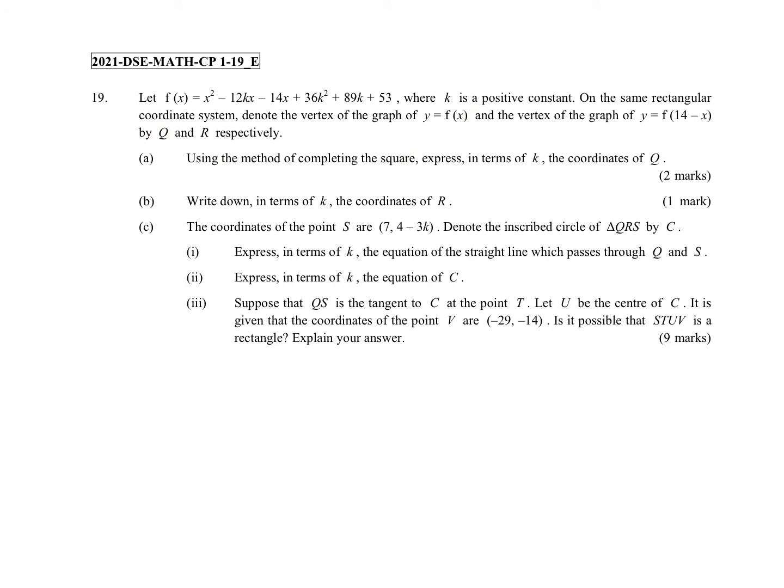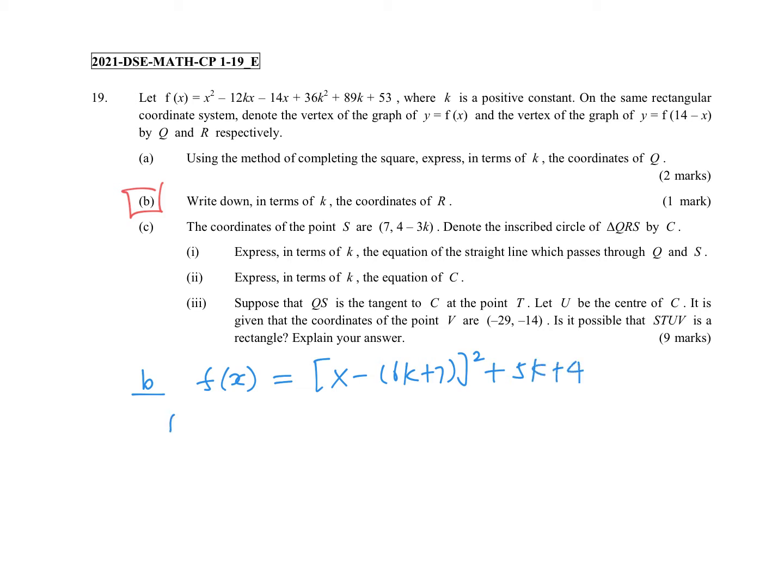For part B, only one mark. Let's recall: f(x) would be (x minus (6k plus 7)) all squared plus 5k plus 4.